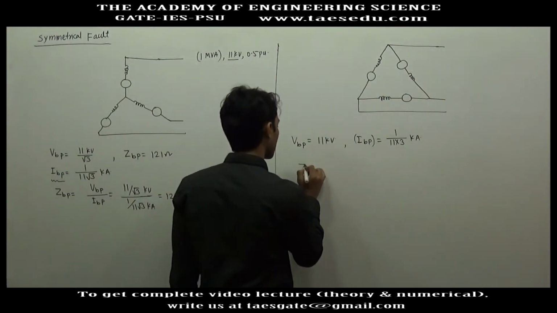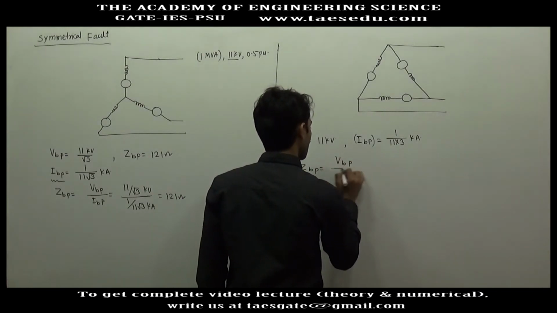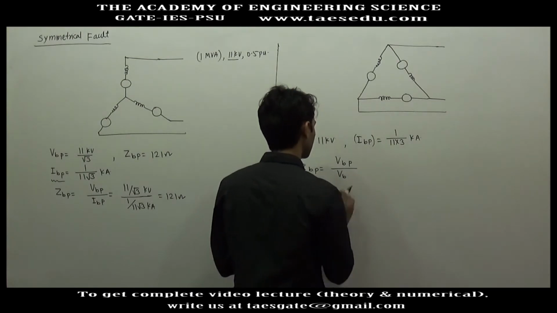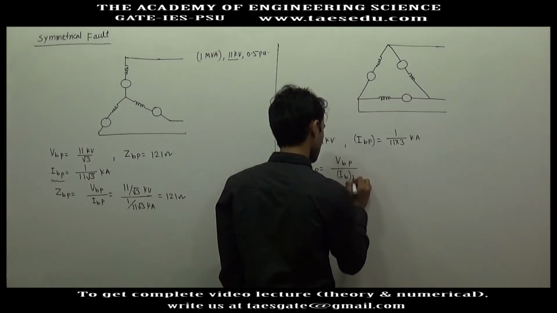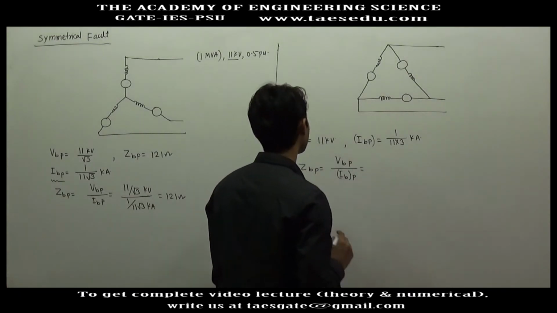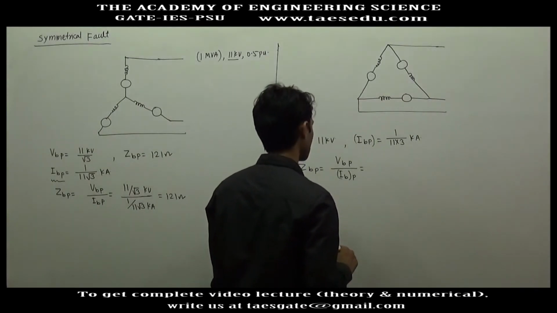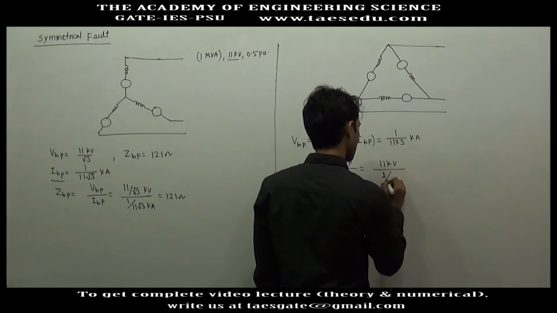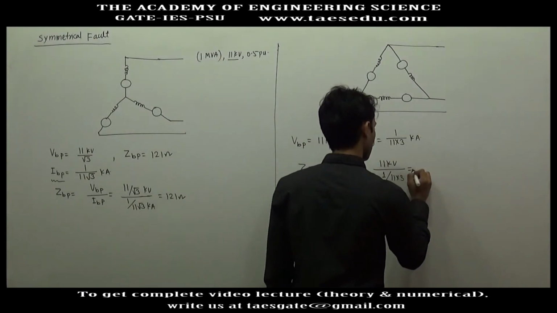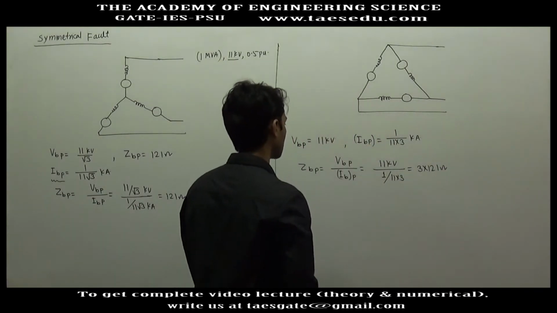And here the base value of phase impedance will be the base value of phase voltage divided by the base value of phase current. This will be 11 kilovolt divided by 1 by 11 into 3. This will give you 3 into 121 ohm.